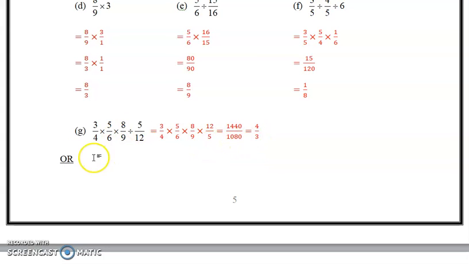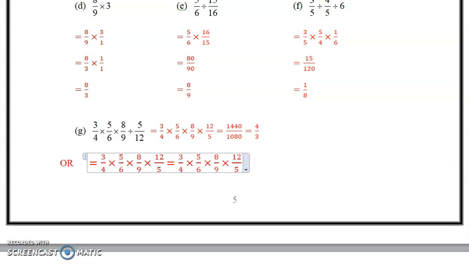An alternative method that would work just as well, right? So, I'm just going to rewrite everything again. So my apologies. Or we could do it this way, which is equal to, and then remember we can simplify. So if we were to simplify this, the 3 and the 6 could become 1 over 2.